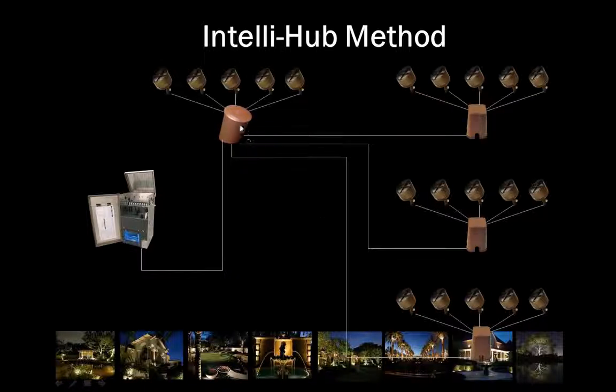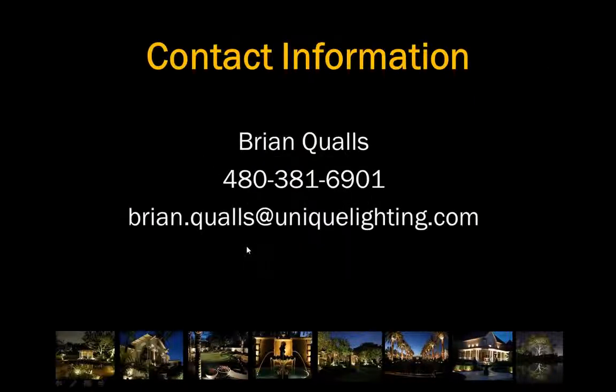So I can plug 5 fixtures into here and then do the same. And what I've done now, I've taken 5, 10, 15, 20 lights and turned them back into one home run back to the transformer versus 4 different home runs back to the transformer. Now, this system only works on LED. If you try to do it on a halogen system, you'll be disappointed and never get the voltage drop to work. It'll just be too great coming out of this hub.